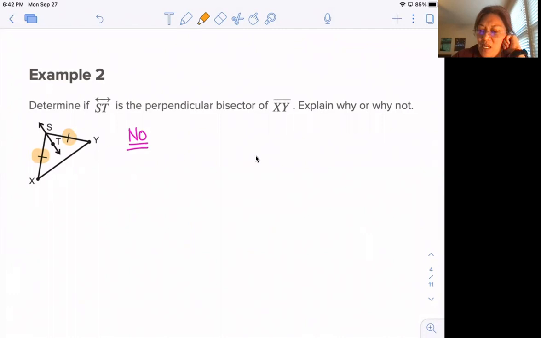Was there any indication that ST is perpendicular to XY? Could ST not be perpendicular to XY and could they still be the same? What happens if visually we cut it like this? Those two are clearly not congruent, and ST is definitely not perpendicular. But we could still have the same distances there. So that would be our answer.